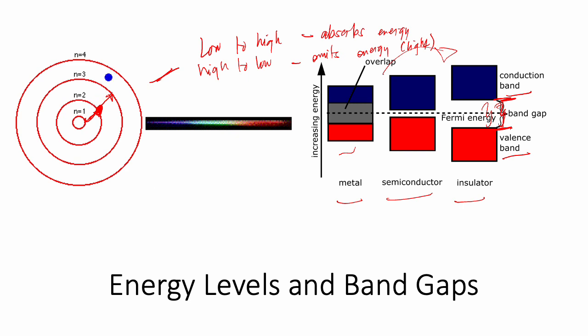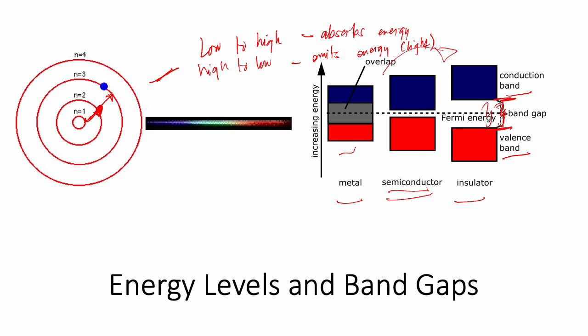While for the semiconductor, this is just in between. It has a moderate band gap, and this moderate band gap can allow us to modify or control the electron flow.